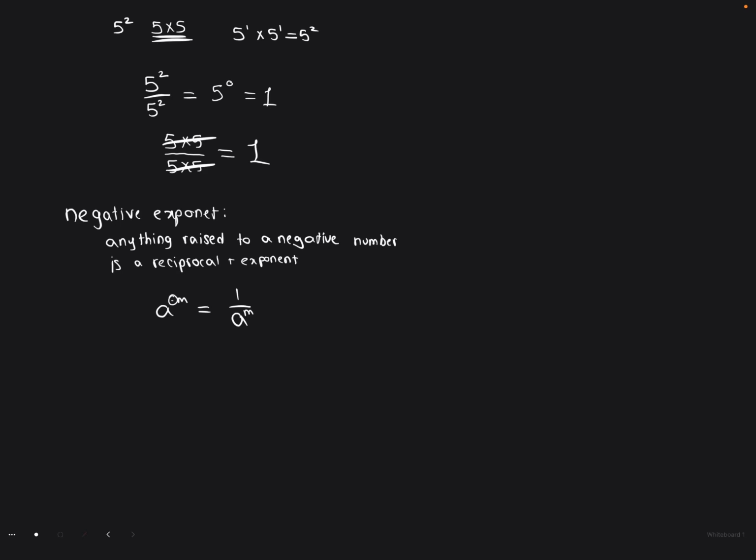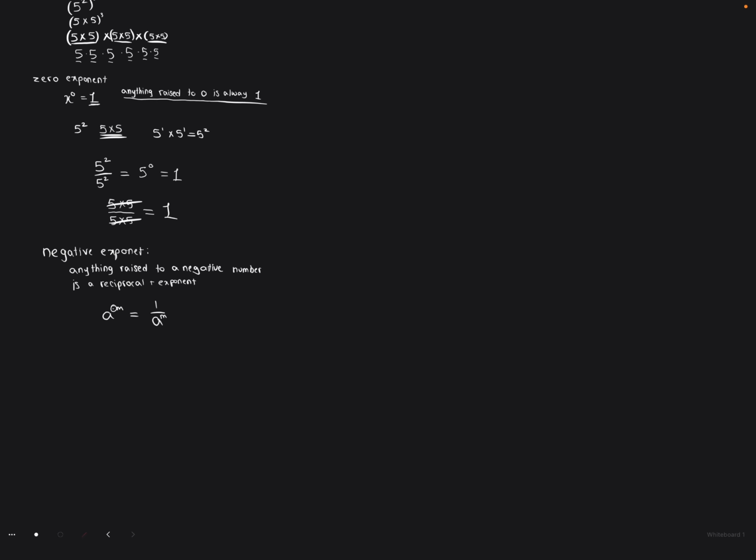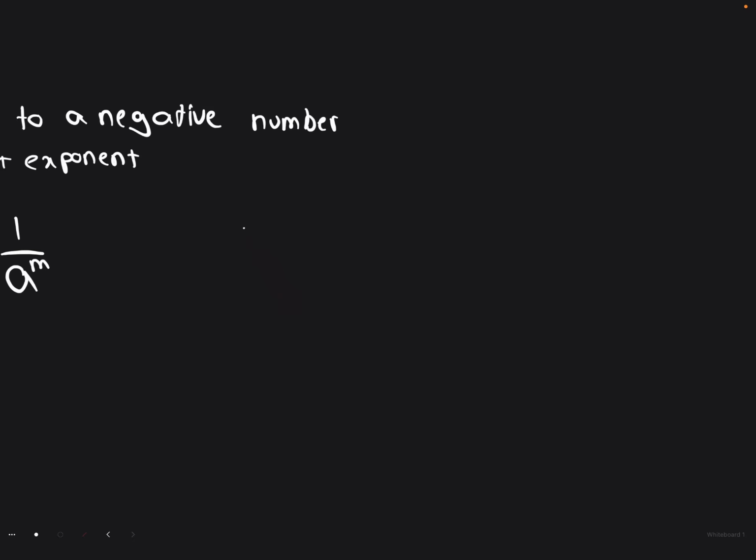Let's say you have a table of values, let's say 2 to the n, y equals 2 to the n. If you notice, n goes up: n equals 1 here, n equals 2 here, n equals 0 here, n equals negative 1 here, n equals negative 2.